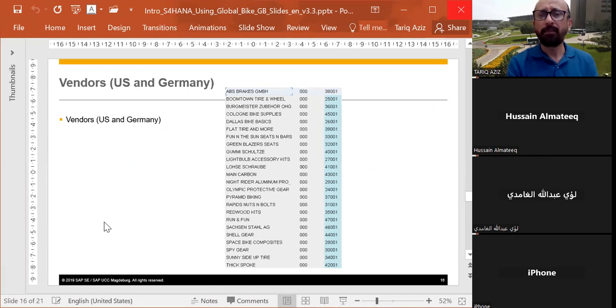Vendors are the companies from which we are purchasing the raw material. We are purchasing their trading goods. We are purchasing different stuff, right? So if Global Bike is purchasing, they are purchasing from vendors. And if somebody is purchasing from Global Bike, then they are the customers. So we have 2 types of business partners.